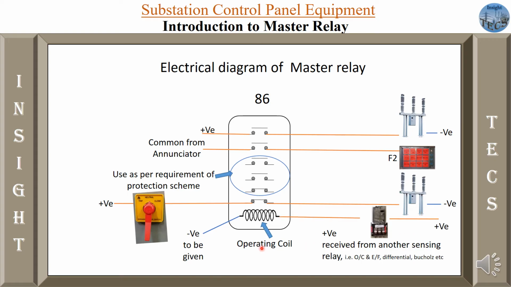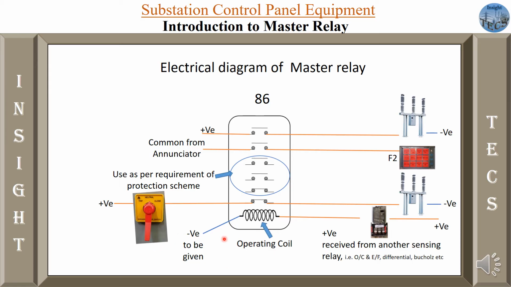And for the operating coil, whenever the operating coil is operated, only then can these contacts be converted from NO to NC, right? So it is very important to give proper connections to the operating coil. This operating coil receives its positive from other sensing relays, say the earth fault relay, differential relay, Buchholz relay. Basically whichever relay gives the indication to trip will give the positive to this operating coil.